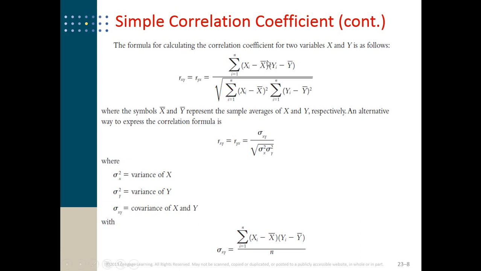If you have two variables x and y, we deduct individual x values from the mean of x and individual y values from the mean of y, and we divide them by this part, so we get the correlation coefficient between x and y. But we don't need to use this large formula because Excel or other software calculate the correlation coefficient within seconds.